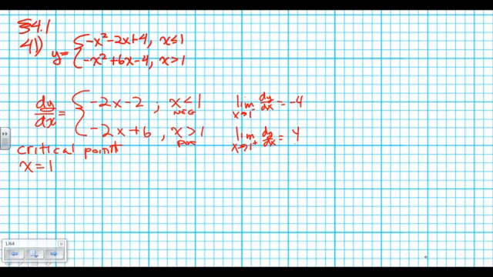Are there any other places where there are critical points? Well, are there any other places where the derivative is equal to 0? What kind of value could make this expression equal to 0? -1? Yeah. If I plug -1 in here, I get 2 minus 2, which is 0. And -1 is less than 1.